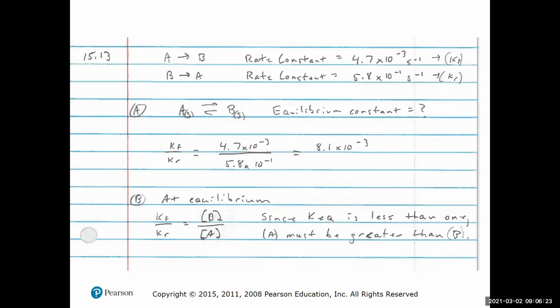So what that's telling us is A must be a much bigger number than B, because if they were equal, it would be 1, right? 1 over 1 is 1. So if the B concentration and A concentration were exactly equal, it would be a value of 1. Well, 8.1 times 10 to the minus 3 is quite a bit lower than 1. So for that to be lower than 1, the A concentration has got to be a bigger number than the B concentration. And so that tells us that in this situation, A is bigger than B.